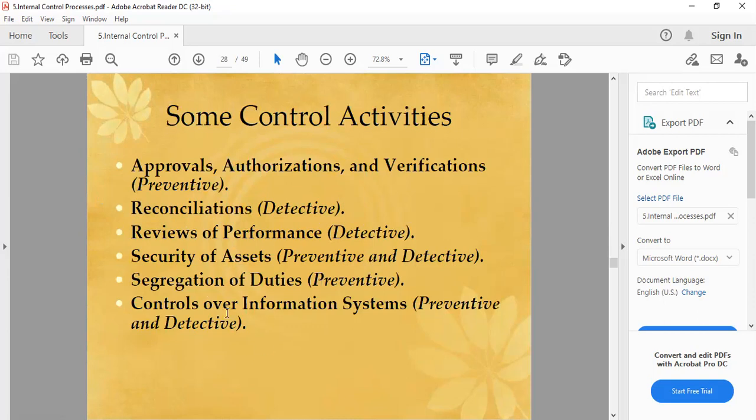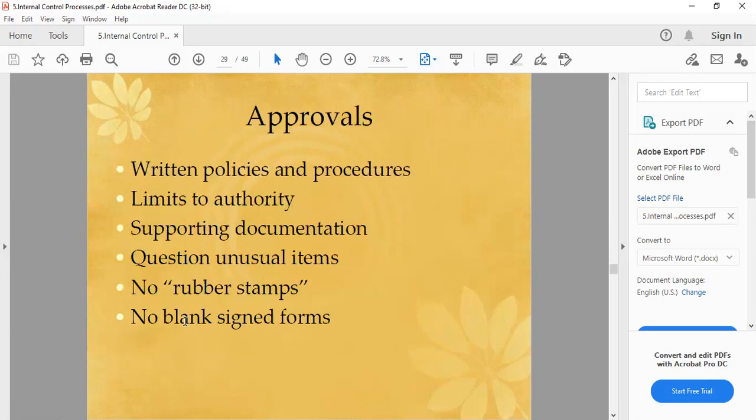For controls over information systems, that's going to be the internal controls being applied, and they're going to be both preventive and detective. Now, for approvals, there are several ways to do this. We can have these particular examples, like there should be written policies and procedures.